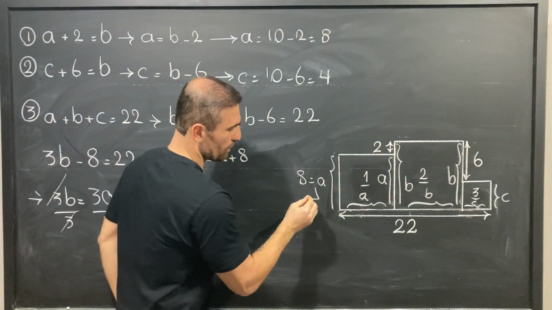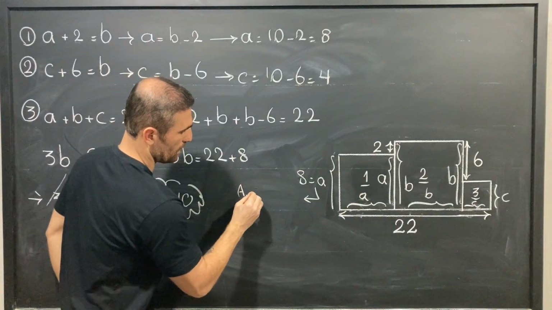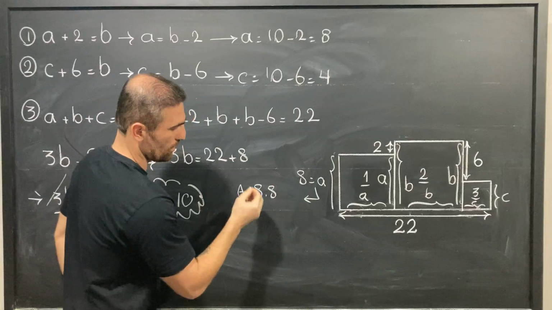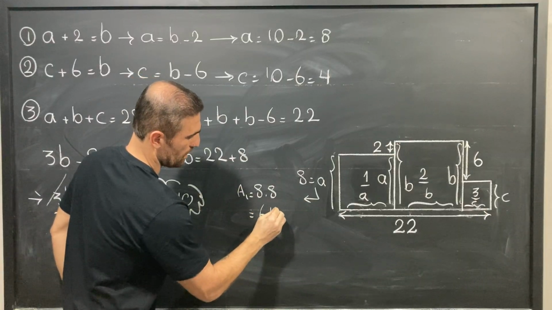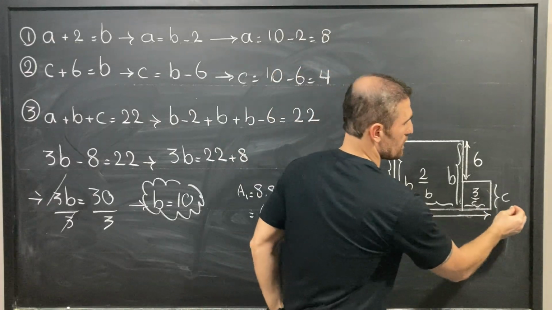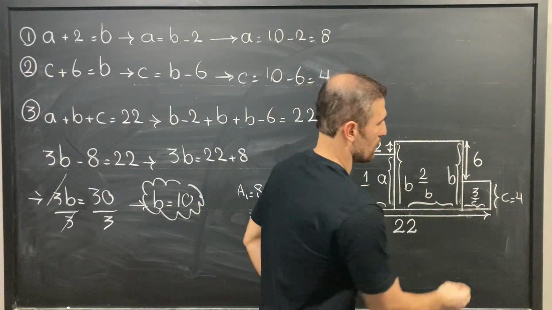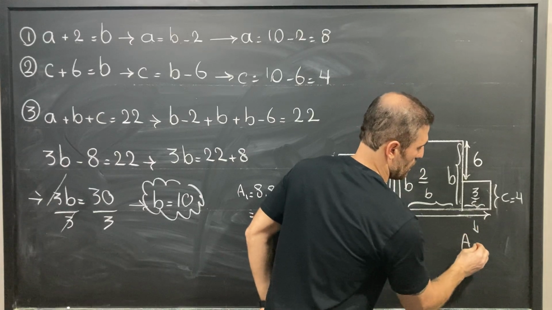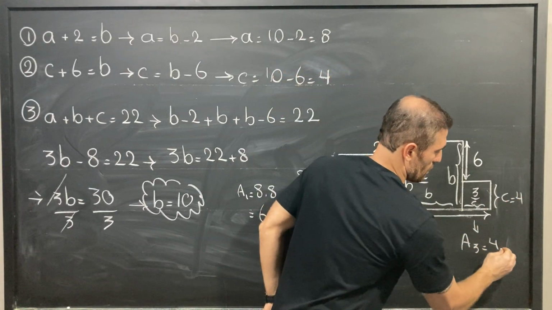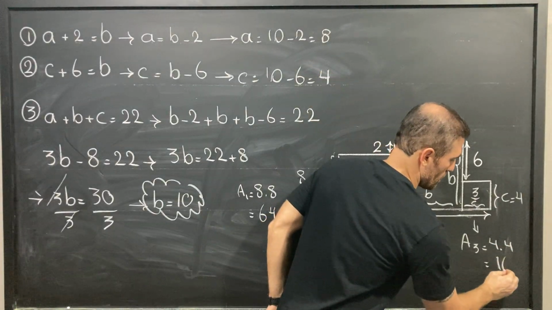What is the area of square 1? A1 is going to be 8 times 8. 8 times 8 is 64. Now this tiny one, C. C is 4 centimeters. So what is the area of this square? 4 times 4. 4 times 4 is 16.